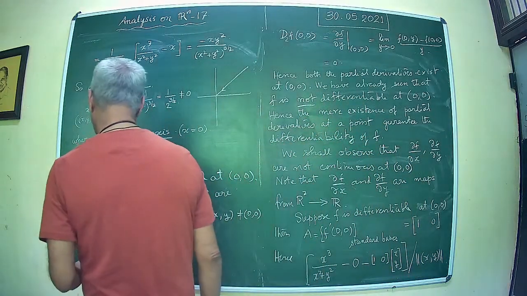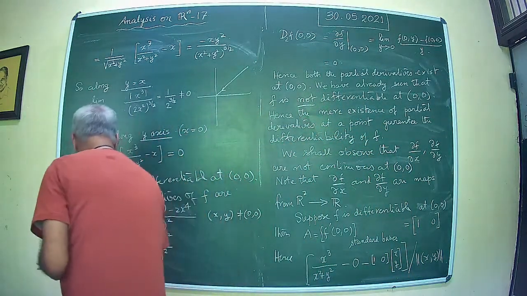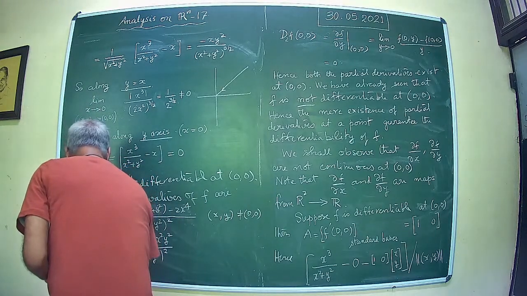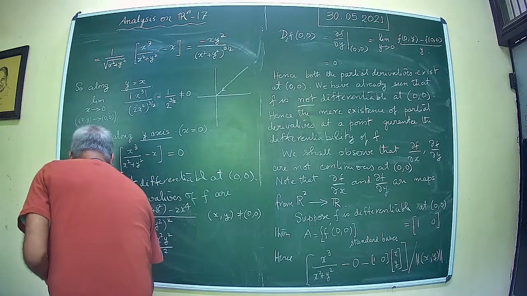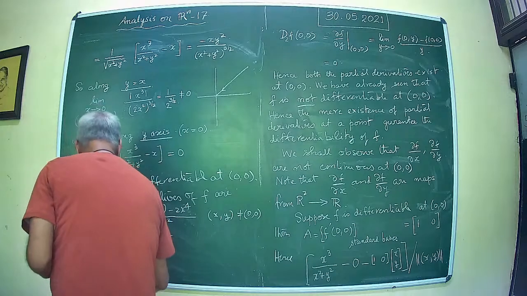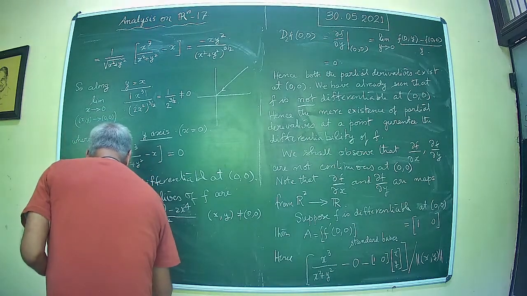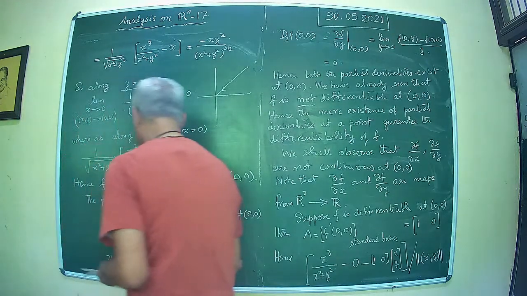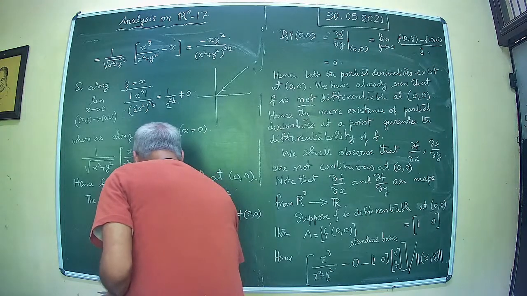Now so you see that df by dx at 0, 0 is 1.